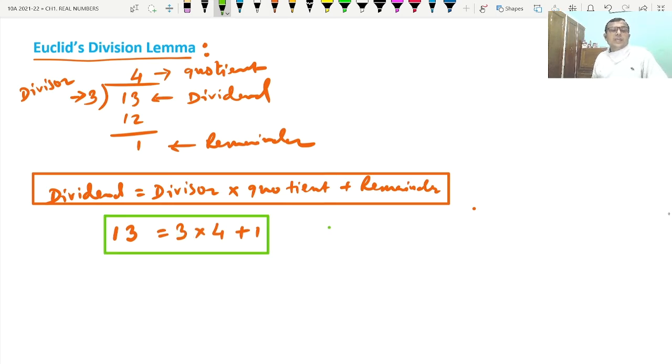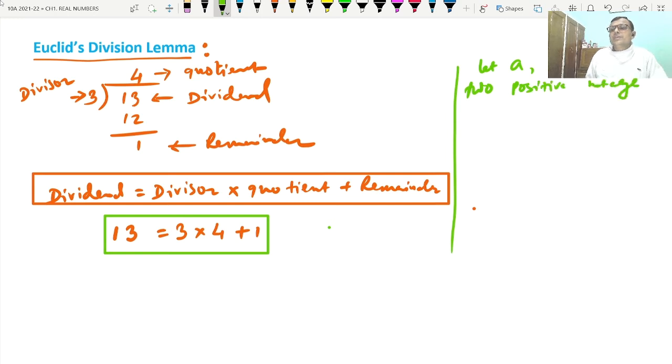That means any two positive integers, let a and b be any two positive integers. If we divide a by b, you will get some quotient.